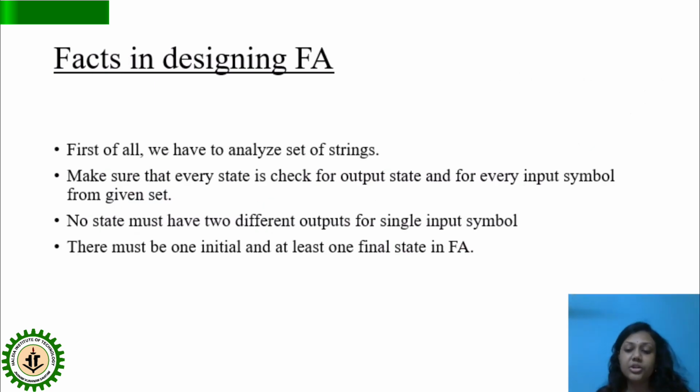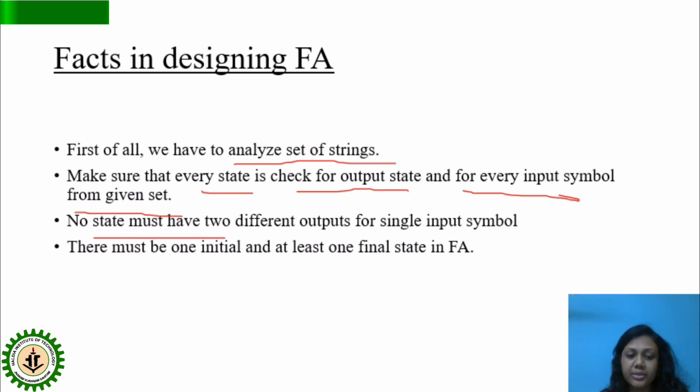Now, we should remember some particular points in designing a finite automata. First of all, we have to analyze the set of strings. Then we have to make sure every state is checked for an output state for every input symbol from a given set. No state must have two different outputs for a single input symbol.